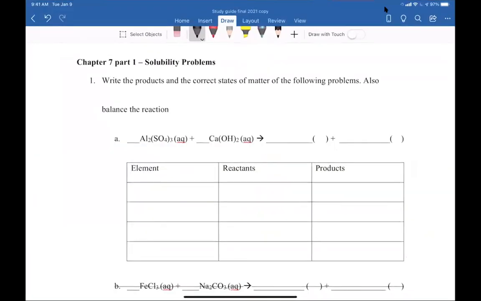Okay, so first things first, we have to separate and know which are part of which. So Al is separate from SO4, Ca is separate from OH. And remember, the rule is outer, outer, inner, inner. Again, it's outer, outer, inner, inner. So first of all, Al.